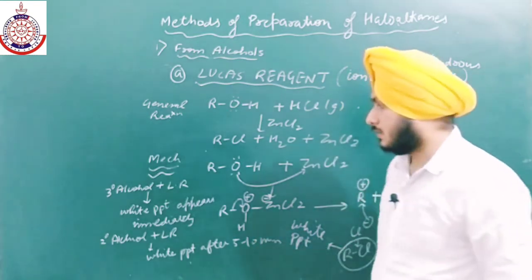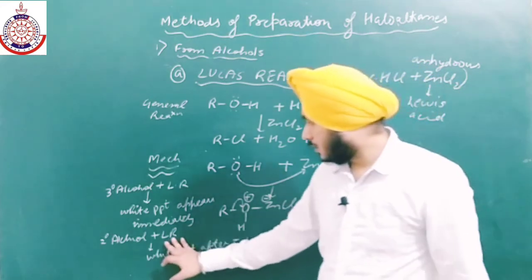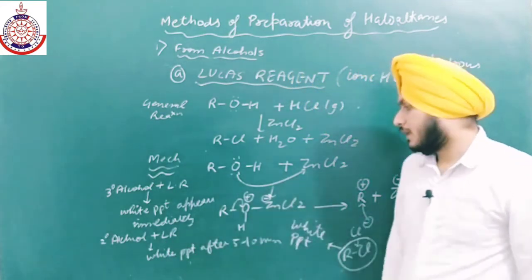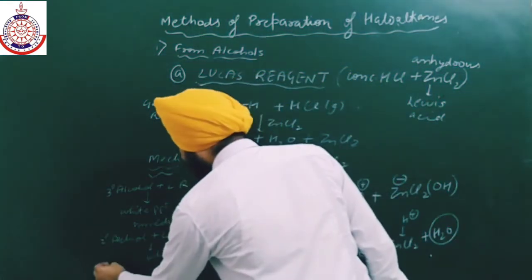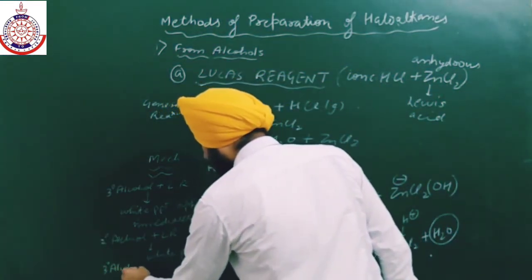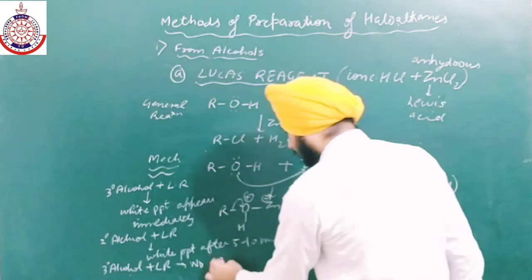Okay. So in case of 2 degree alcohol, if we react it with Lucas reagent, then white PPT appears within 5 to 10 minutes.